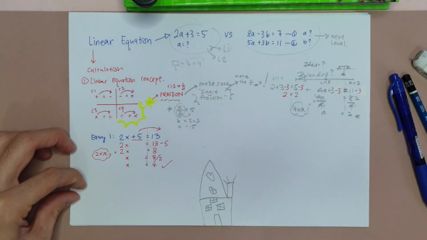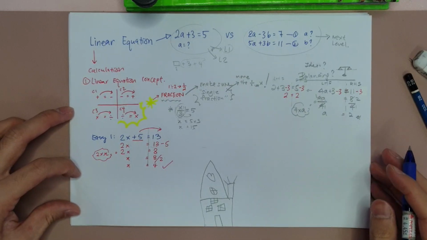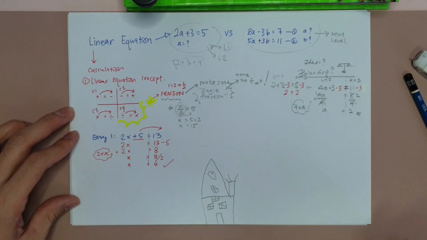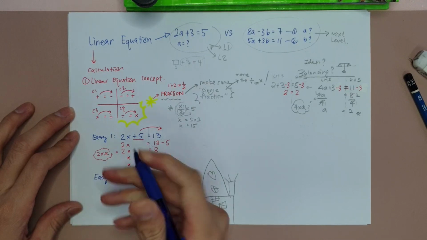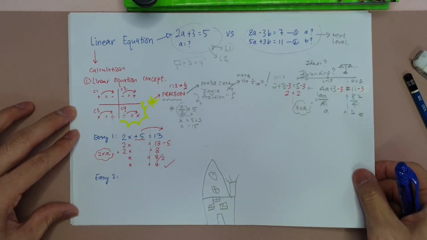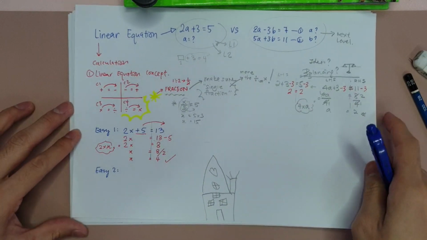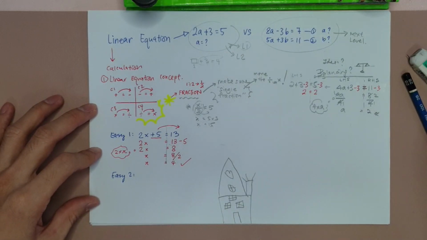Okay, now, let's increase the level a bit into easy number 2. Easy number 2, we're going to write it over here, okay? That's my rough paper. That's why you see Belle is drawing something there. So easy question number 2. We're going to learn something called the queue up concept. Do you know what is queuing up?